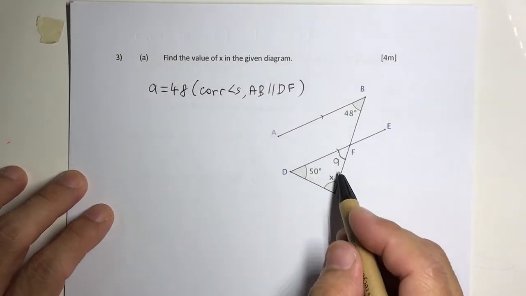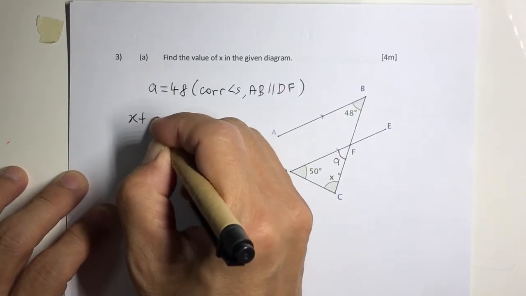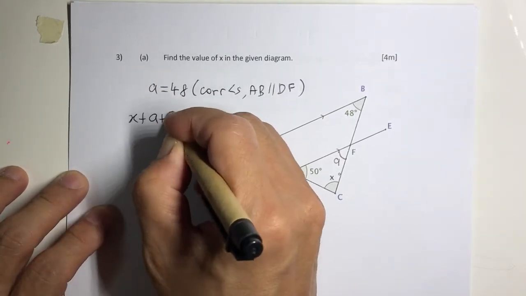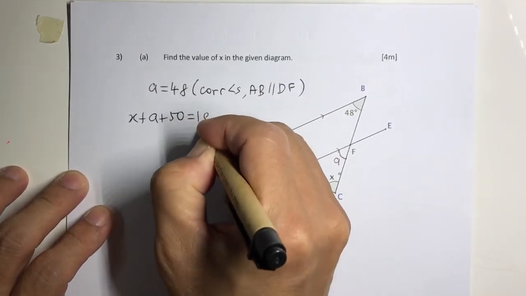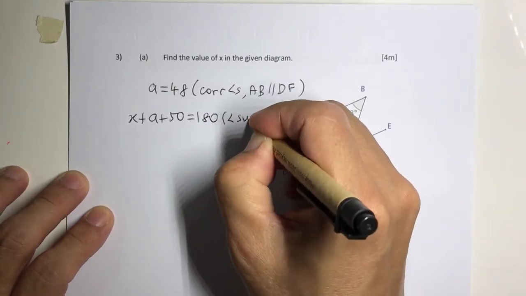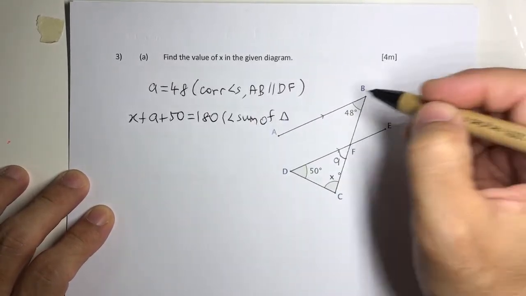Now that we have found A, we use the angle sum of triangle, which is x plus A plus 50 equals 180. Angle sum of triangle DFC.